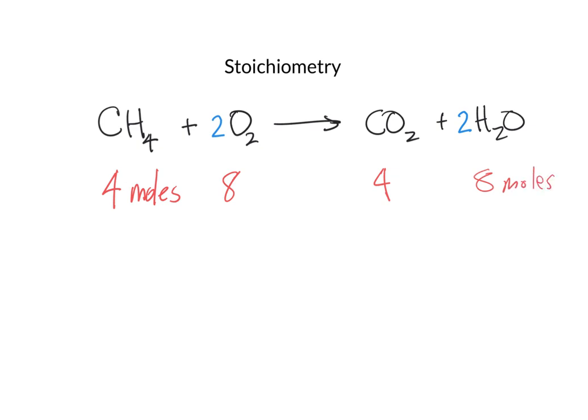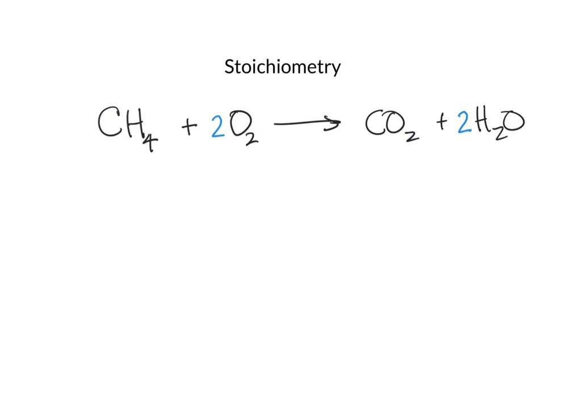Okay, that's all well and good, except that we may not be using whole numbers. Let's say instead I wanted to react 0.25 moles of methane. Well, I know that in this reaction, the ratio is 1 to 2.